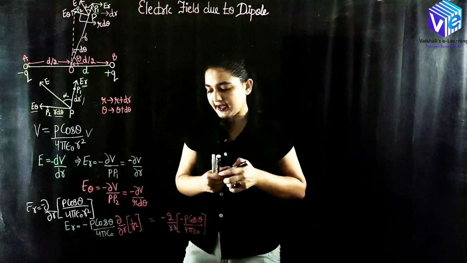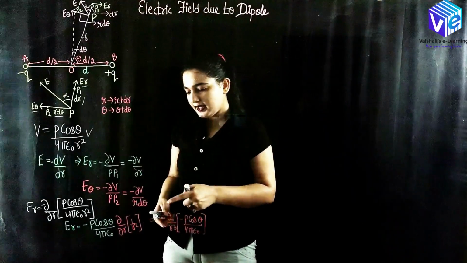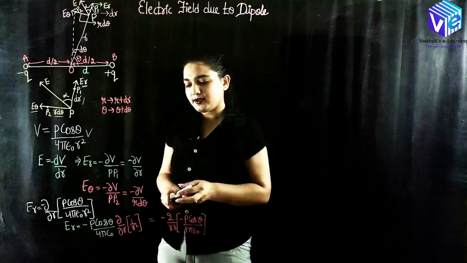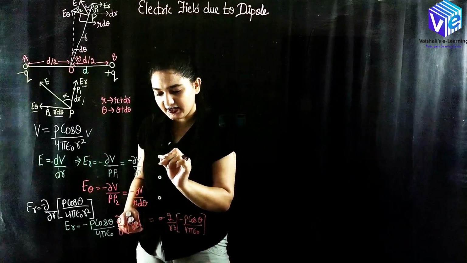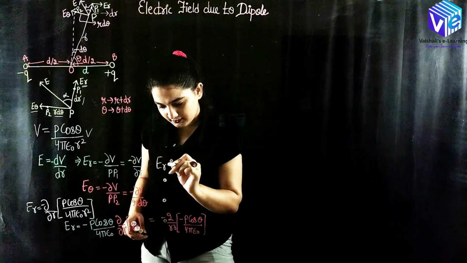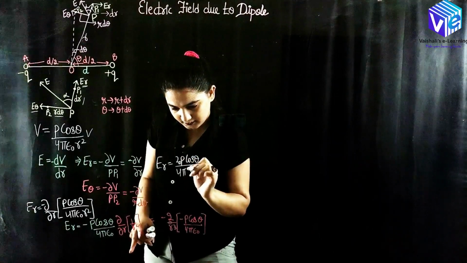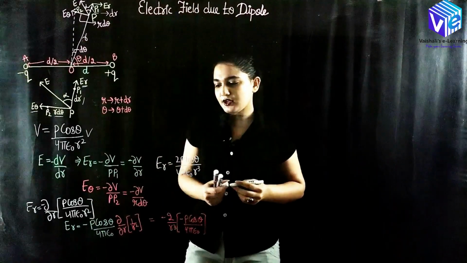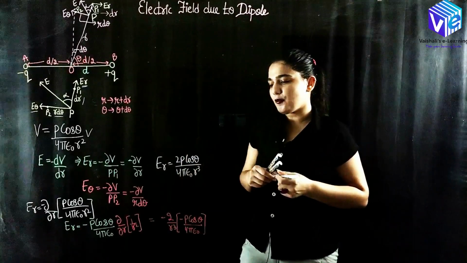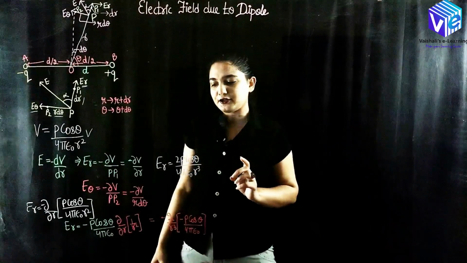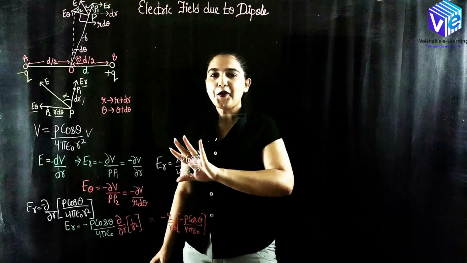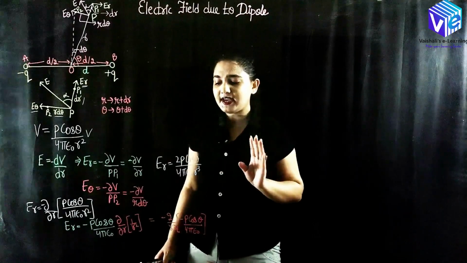So now I got to know what my ER is. We got a simplified formula of ER: ER is 2P cos theta upon 4 pi epsilon naught R cube. I hope you understood how I found out ER.